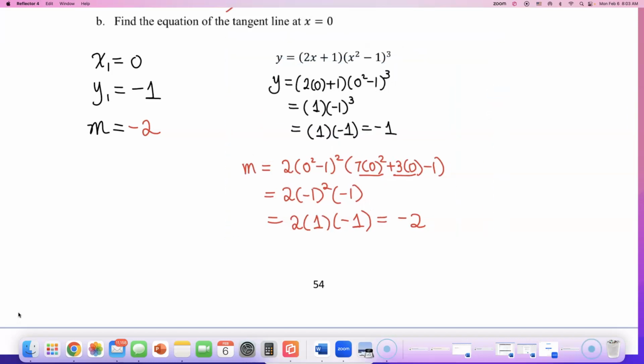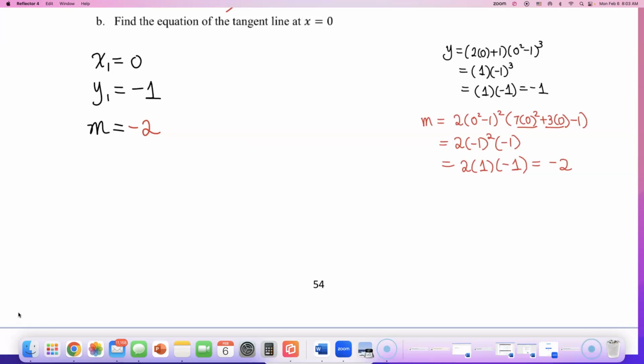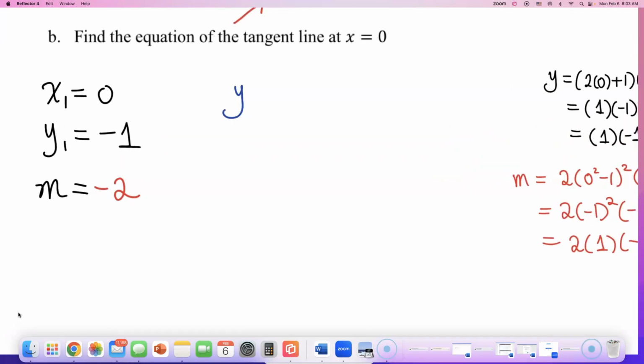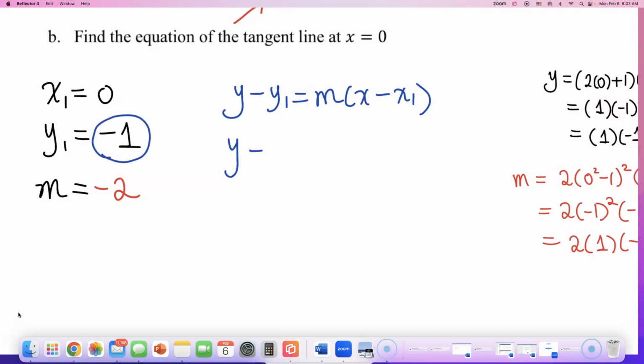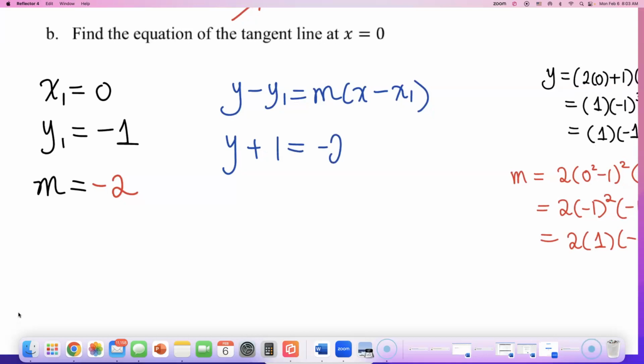All right, now we are ready to find the equation of the tangent line using point slope form. Point slope form says y minus y1 equals m times (x minus x1). So plug in all the values we got. Y minus the y value of negative 1. If you subtract negative 1, that turns into adding 1. The m value was negative 2.